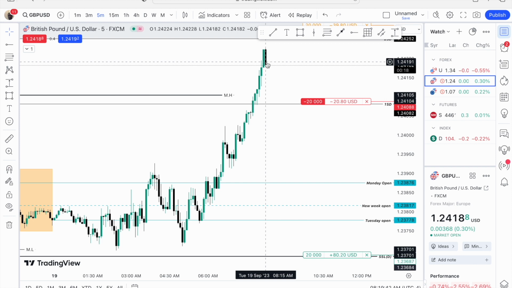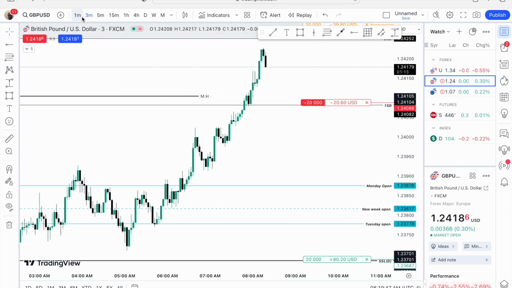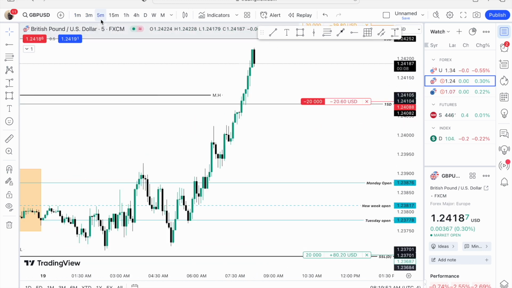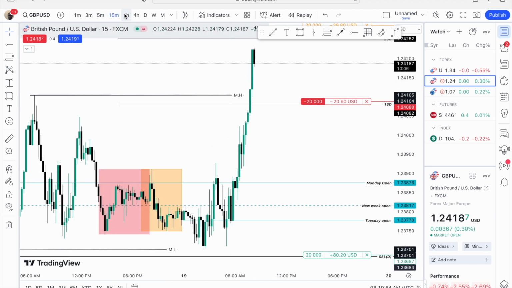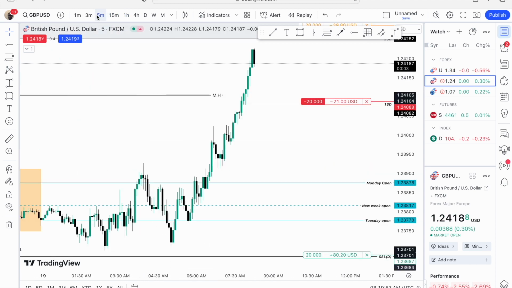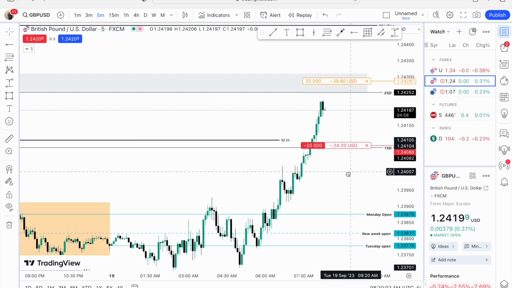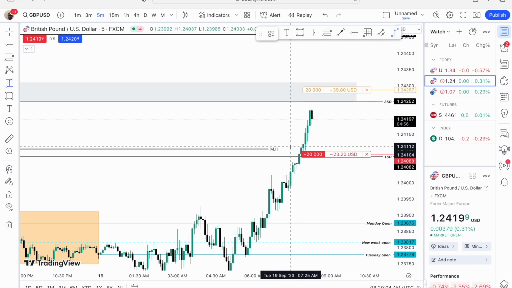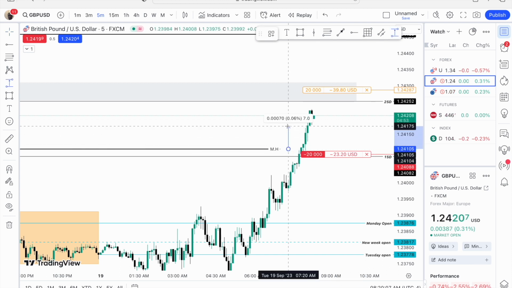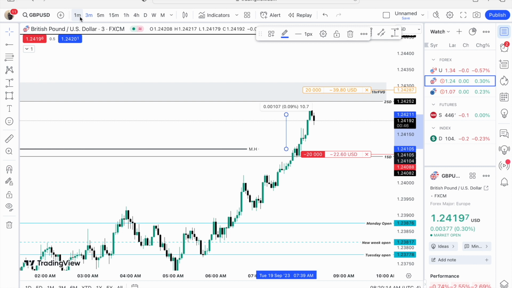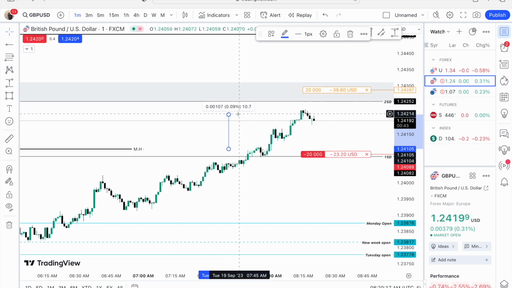You see, our displacement is like this. This is the powerful displacement we look for. So you see why it's very important to follow your rules, because with this Monday high, 10 pips into Monday high, we would have been in here, and we wouldn't have been in any position to take off anything.